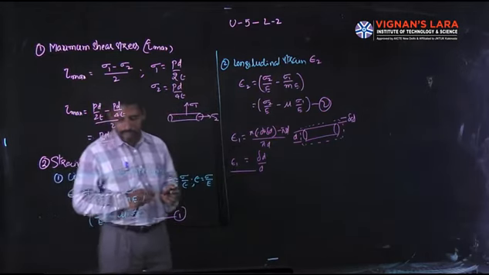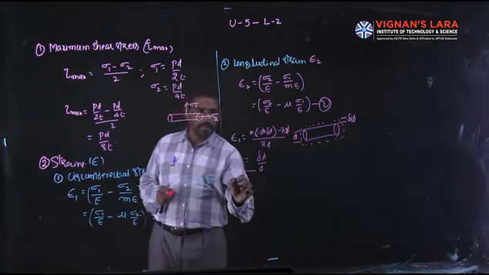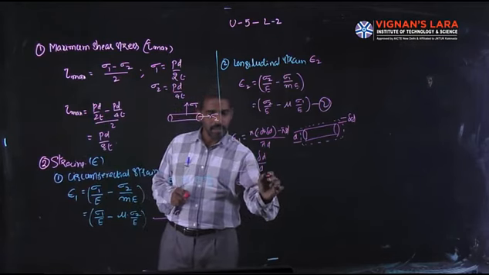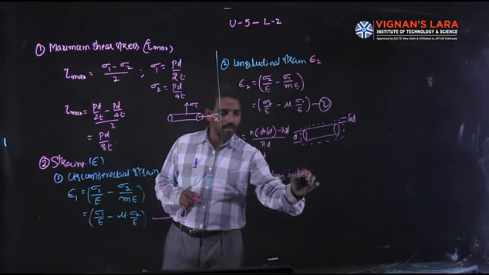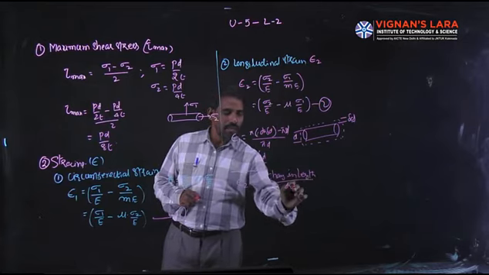Similarly, we can find the longitudinal strain, represented by epsilon 2, as the change in length by the original length.